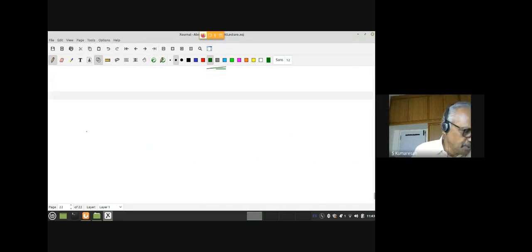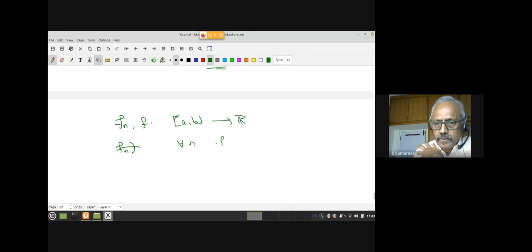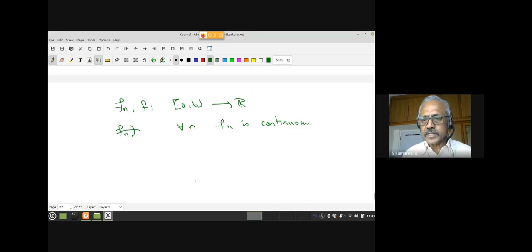Let us use this to prove a theorem. Okay, let me quickly recall. Suppose Fn, F are functions from an interval a, b to R. Let us assume Fn are continuous. So again, let me quickly recall the definition of continuity.